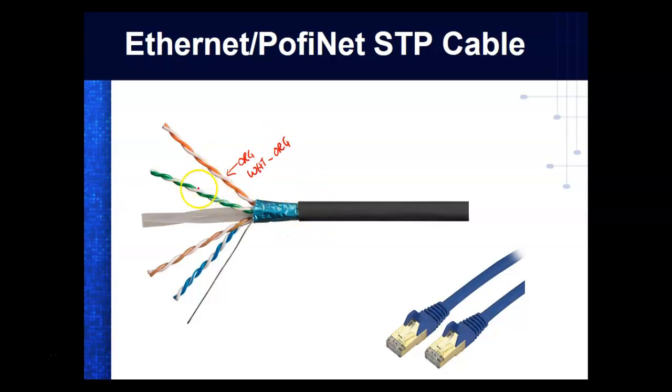This is green, white, green. So green, white would be the white stripe cable. That's that pair. We have a brown, white, brown, and we have a blue, white, blue. So this is a 4-pair cable, which would have 8 conductors, but it's twisted pair, and they always go in pairs. So we call this a 4-pair cable.